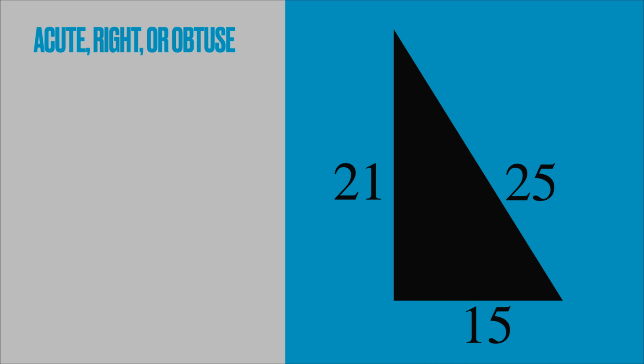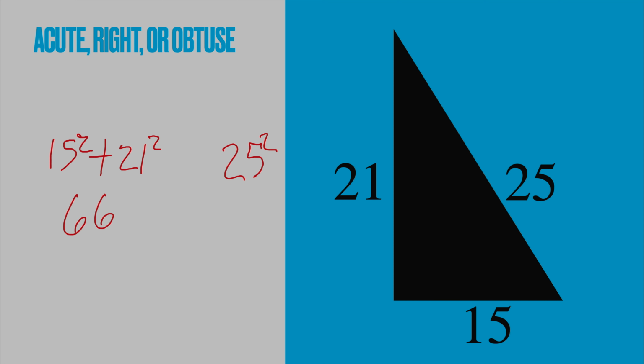All right, now we have one that says 15, 21, 25. We're just going to do 15 squared plus 21 squared, and compare that to 25 squared. So 15 times 15 plus 21 times 21 gets us an interesting number.